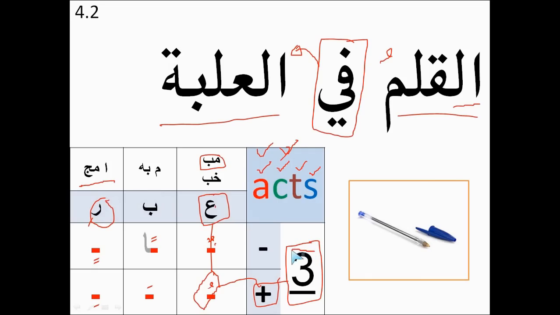Well, we don't know, so therefore it's munsarif, and it has an alif lam, so we know it's ma'rifa. So we join that row and that column, and we get a single kasra. So what we put on at the end is a single kasra. So al-qalamu fil ulbati.